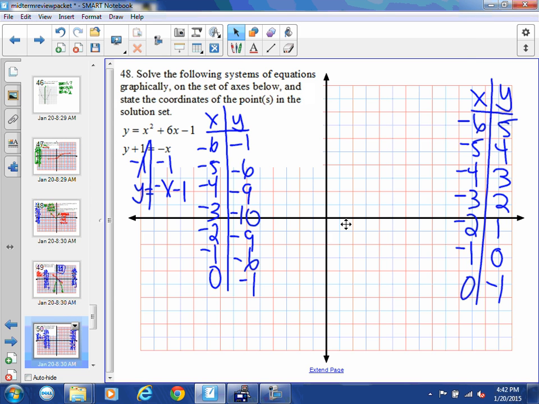Let's graph. Negative 6, I'm doing a little overlapping here, oh well. Negative 6, negative 1, negative 5, negative 6, negative 4, negative 9, negative 3, negative 10. I plot all these points.